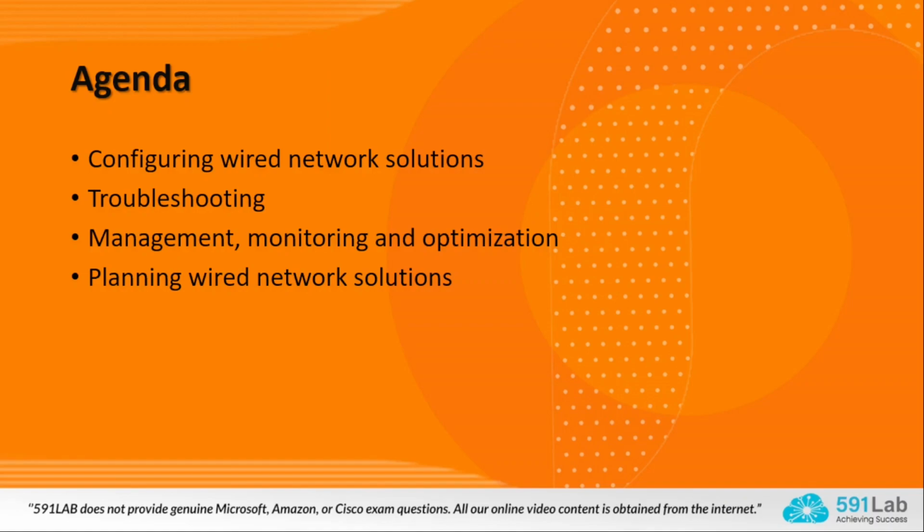Management, monitoring and optimization covers the configuration management and how to analyze data that represents the operational state of a network. Determining an appropriate implementation plan based on the design or customer requirement is covered under planning.